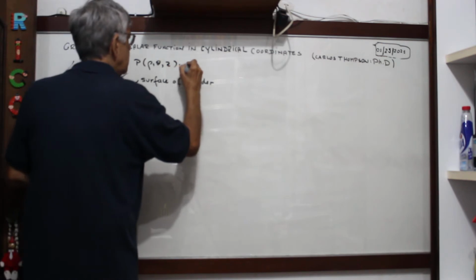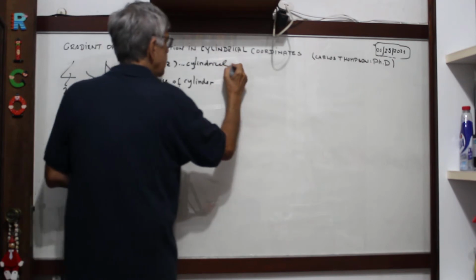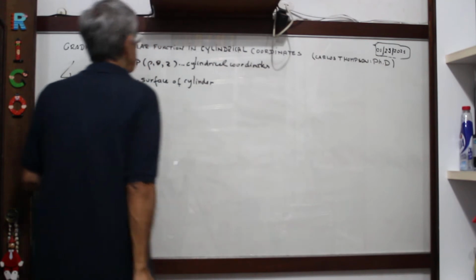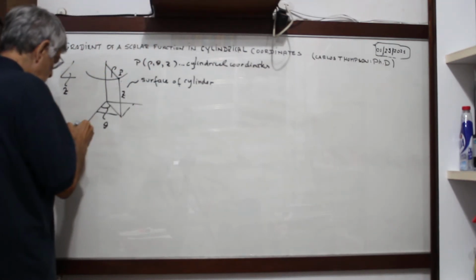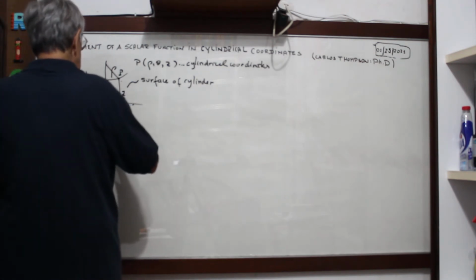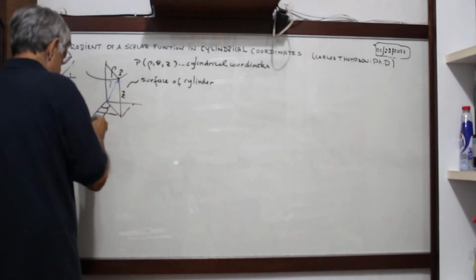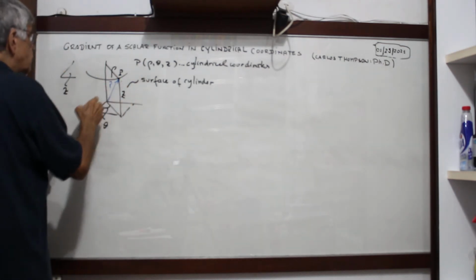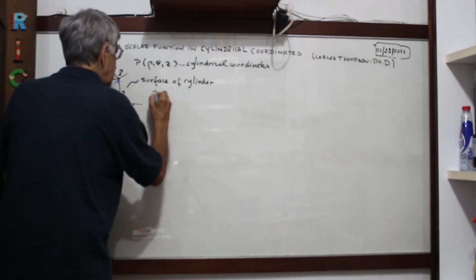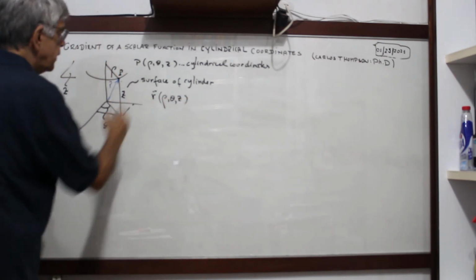These are the cylindrical coordinates. This is the position vector R. The position vector obviously depends on these coordinates.